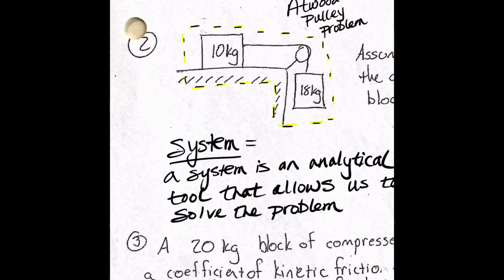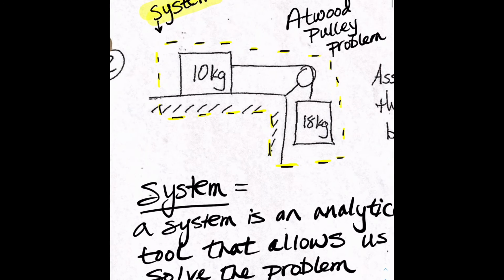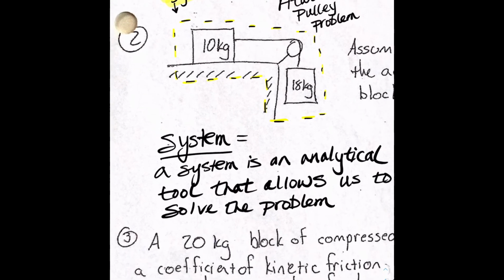And this is what I'm calling the system. This is an idea that's important in all science classes, in biology and in chemistry as well, and it's really what we're studying. So the system is what we're working with and studying.